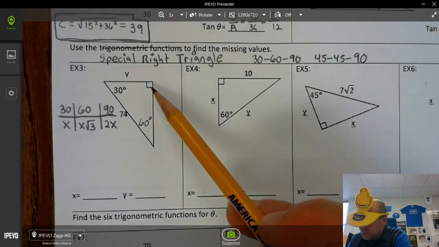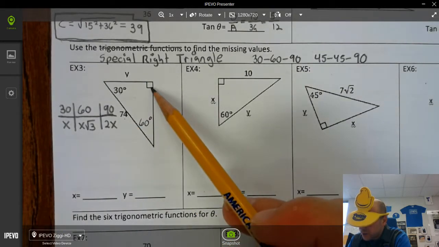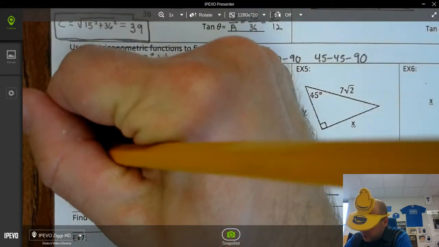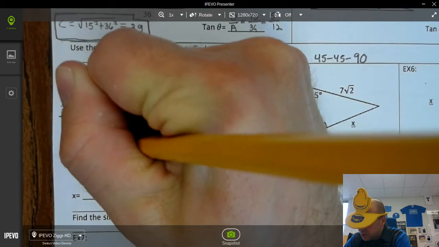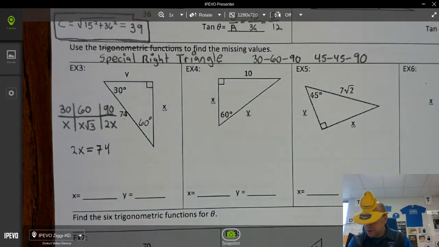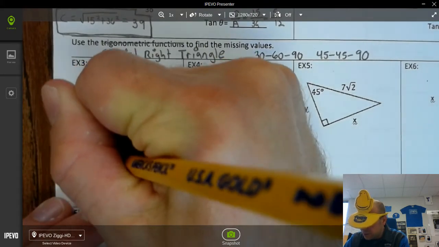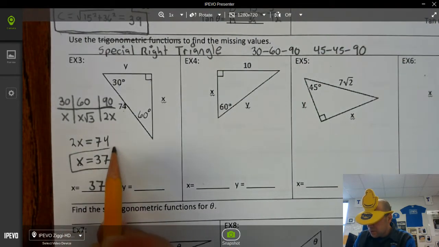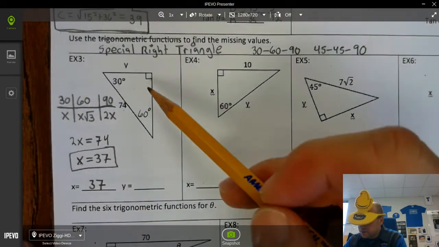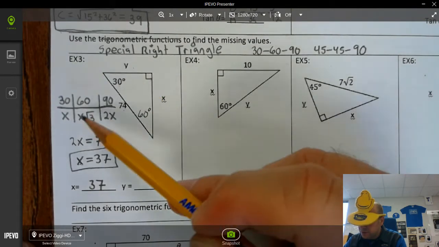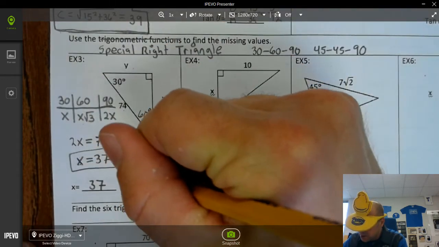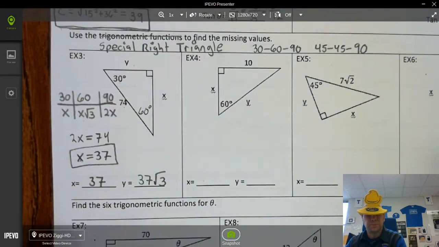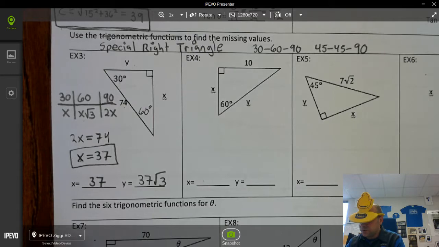Well, we have 74 is across from 90, so that means 2x is equal to 74. Okay, 74, we solve for x, divide 74 by 2 is 37. So x equals 37. All right, now if x is 37, then to find y that's across from 60, we know that 60 is x square root of 3, so that's 37 square root of 3. All right, so go ahead and finish up example 3.